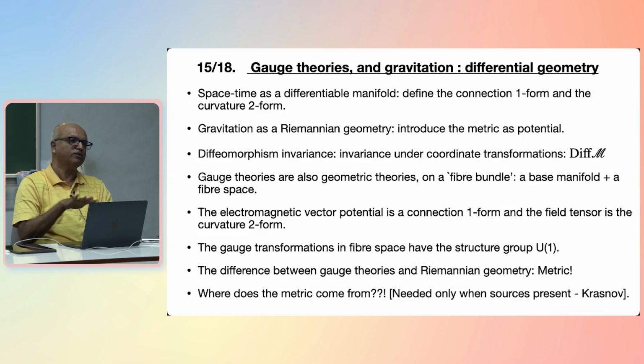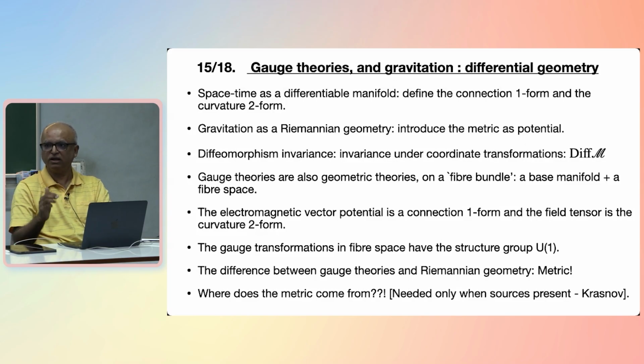The coordinate transformations which relate to gravity are taking place on the space-time. The gauge transformations of the electromagnetic field are taking place on the fiber, because both spaces are having gauge transformations, but they are in different spaces. For gravity, it is in space-time. For electromagnetism, it is in the fiber space.